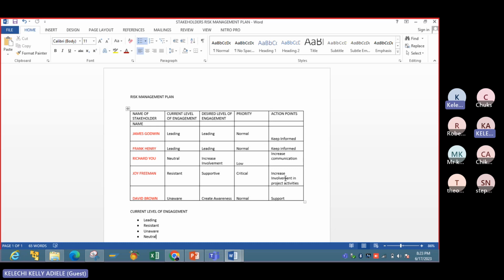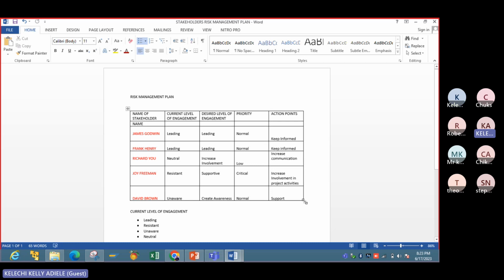So at every point in time, as a BA, you also need to be reviewing this. Probably as the project journeys, sometimes somebody can be calm at the beginning of a project, and you notice that in the middle he's becoming resistant. So we need to also find a way to manage the whole situation. True. Thank you very much.